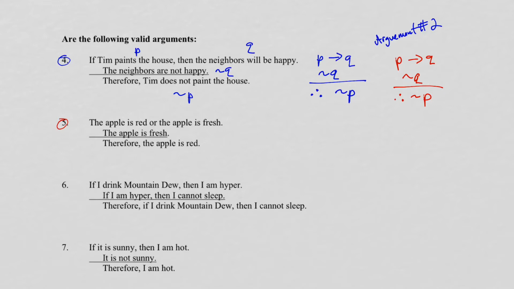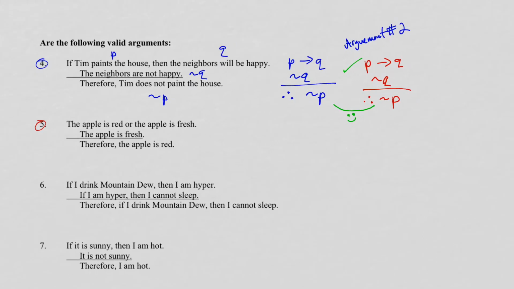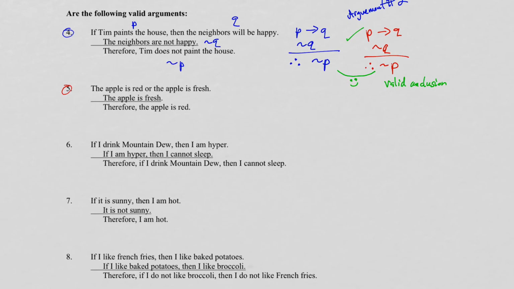Okay, so because there is a match here, this matches and the conclusion matches, then we get a nice valid argument, or valid conclusion. So we want to make sure we can find our valid arguments, which create valid conclusions.